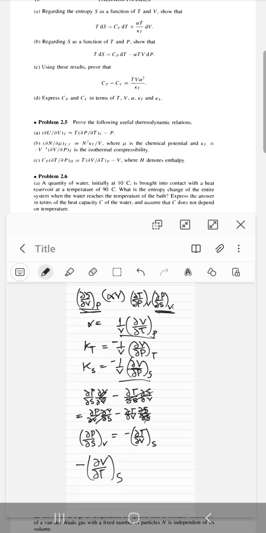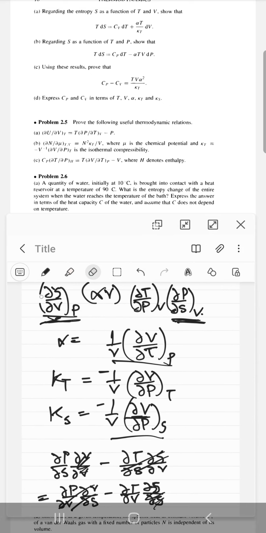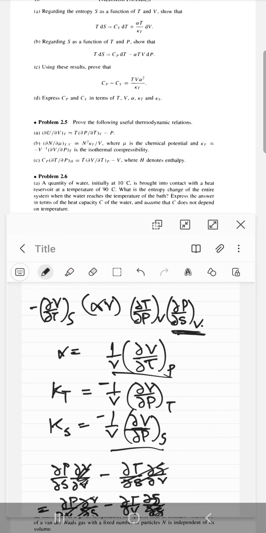The negative of that, in fact, is what this term will be. So just replace it with that instead. Negative partial V by partial T at constant entropy.